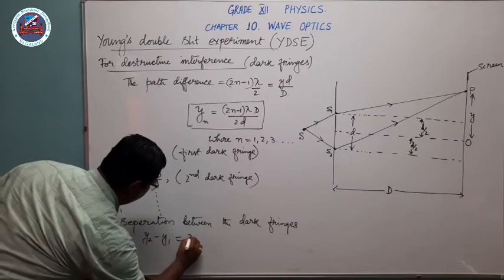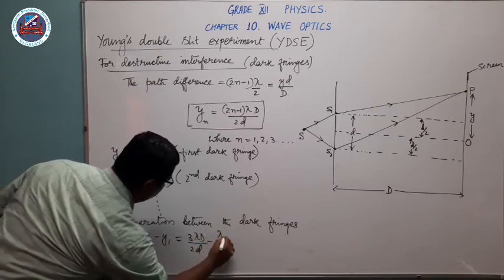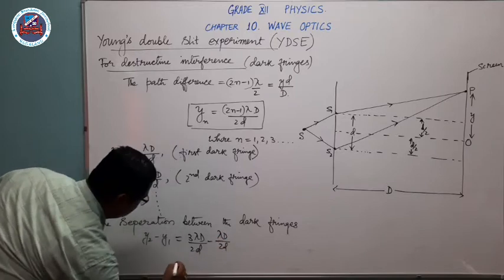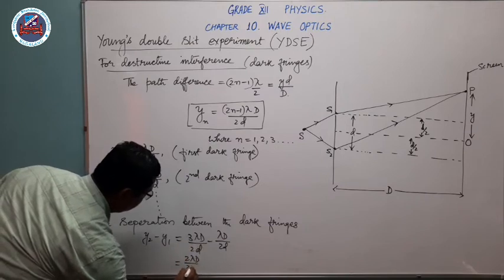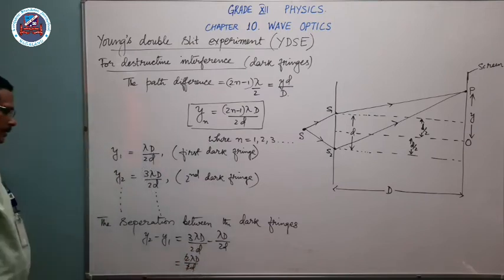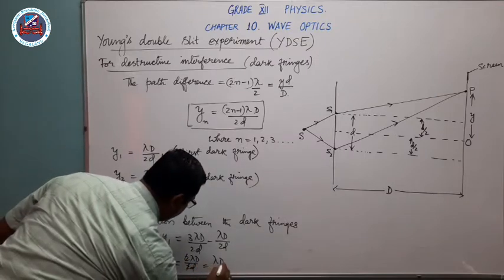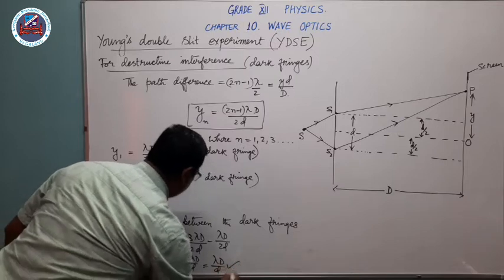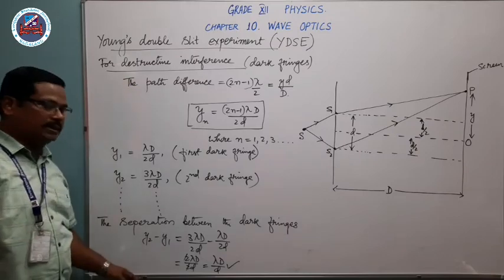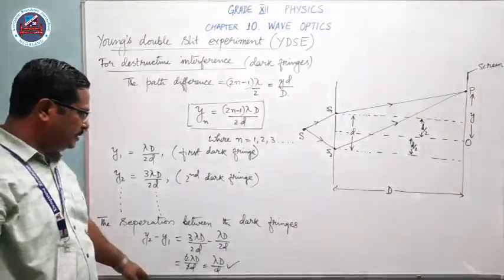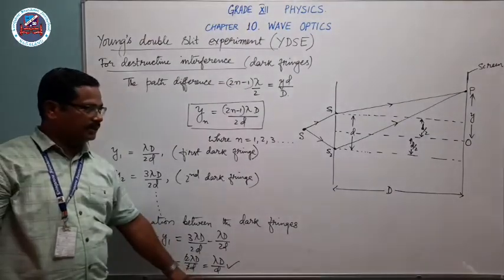You will get 3 lambda D by 2d minus lambda D by 2d. So here you will get 2 lambda D by 2d. If you cancel it, it will be lambda D by d. So the separation between the dark fringes, and earlier the separation between the bright fringes, they are equally spaced. Both are lambda D by d. This is sometimes asked in exams.